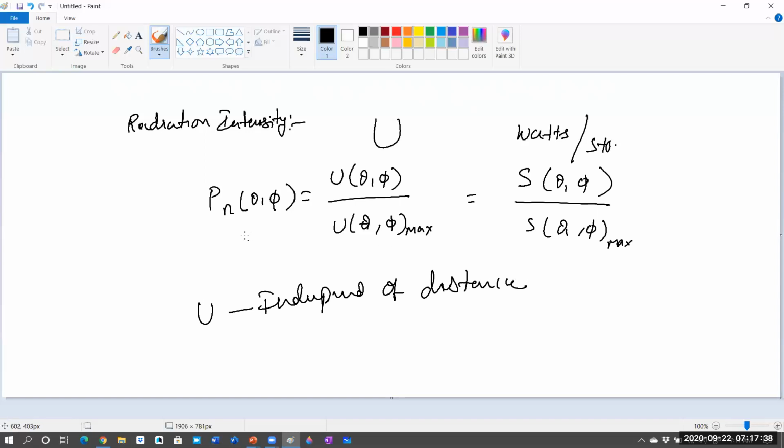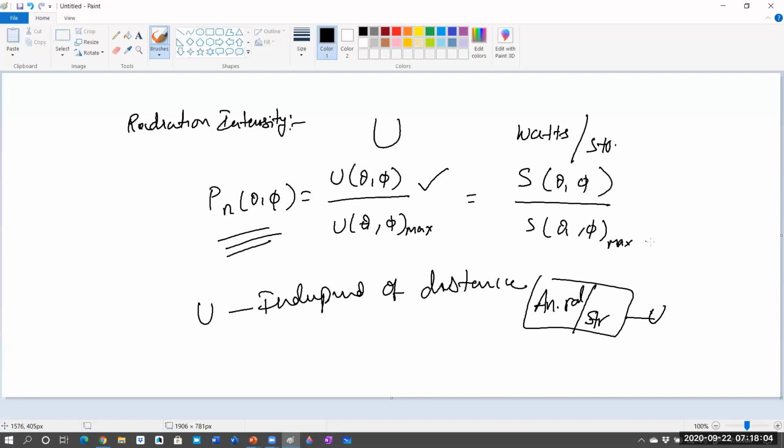So the normalized power can be expressed in terms of radiation intensity. What is the radiation intensity? Per unit steradian, how much the antenna radiates.